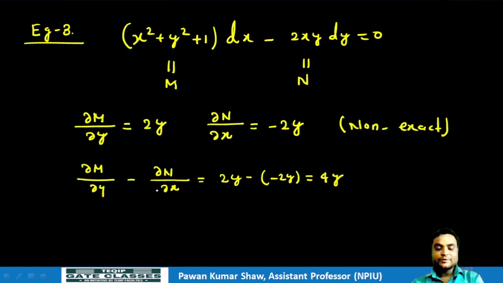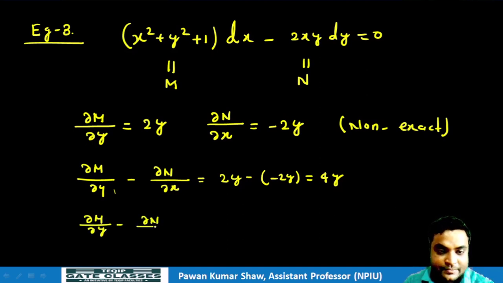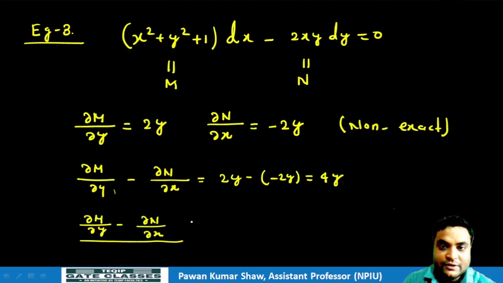This whole expression with m or n. So if we divide by m, in that case it will not be a function of y, क्योंकि यहाँ पे x का भी term आ जाएगा. If you divide the whole expression, del m by del y minus del n by del x, with our n, so what is n here?